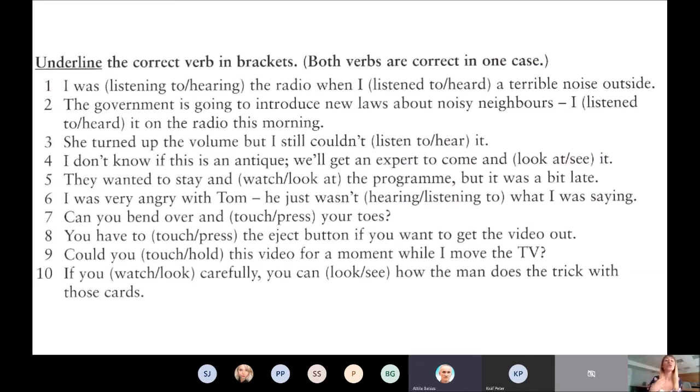And I want you to choose the correct option. So I was the radio when a terrible noise outside. If you know the answer, turn on your mic and speak up.